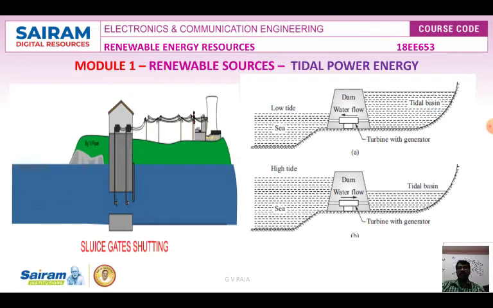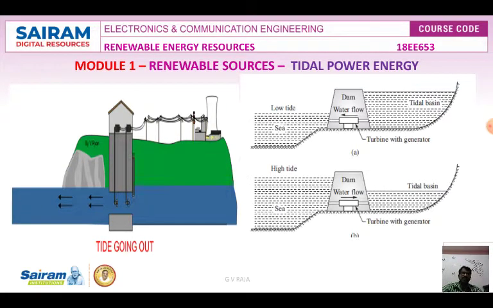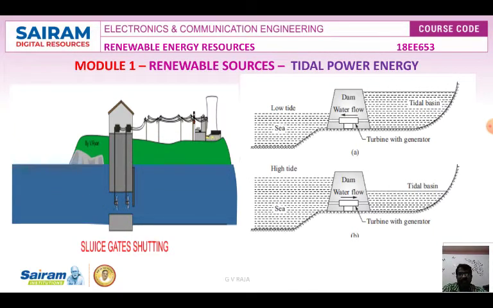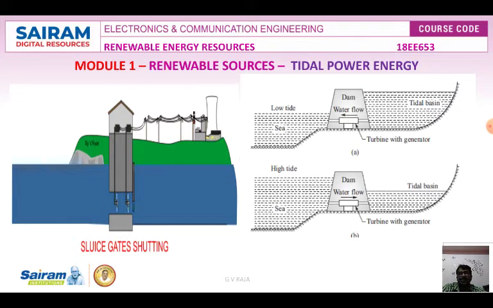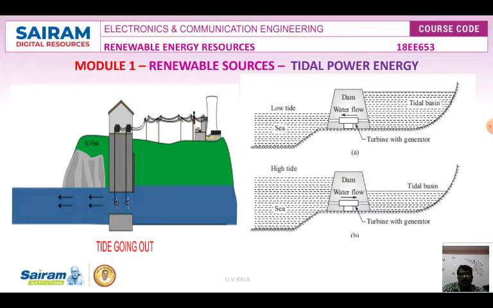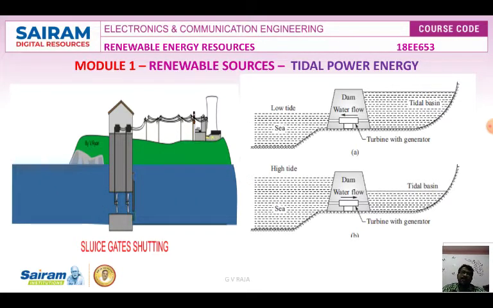It is suitable for sites mostly far away from the load center. So we have to carry the electricity produced in that location to the load side, so the transmission cost is very high. Also the operation is uneven, because sometimes high tide will come, sometimes low tide.